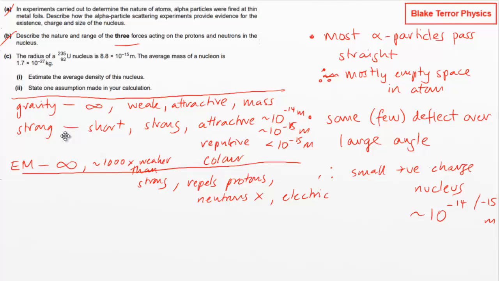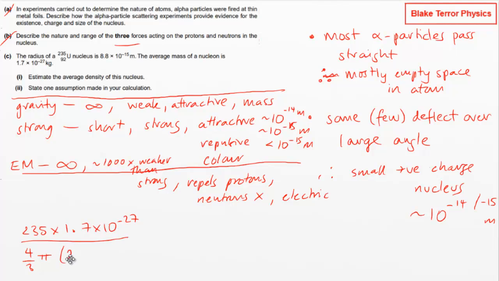Then in C, the radius of a uranium nucleus is given, and the average mass of a nucleon is given. Estimate the average density. Right, so we're going to need the mass over volume. So we've got 235 nucleons multiplied by mass per nucleon. And our volume is going to be 4 over 3 pi r cubed.